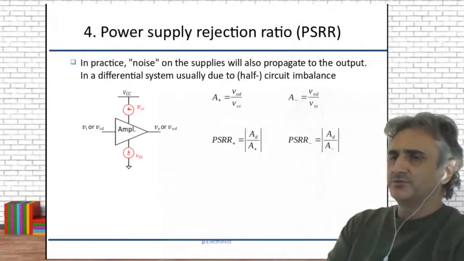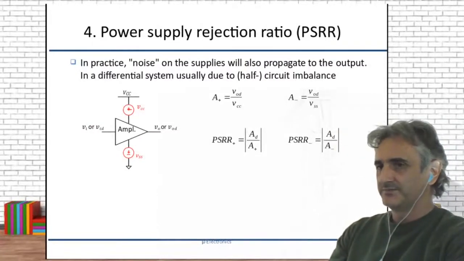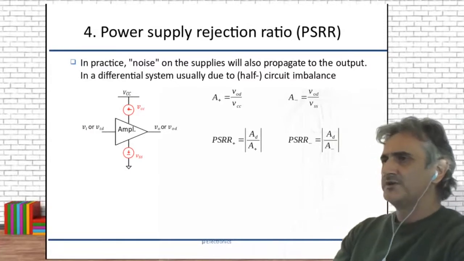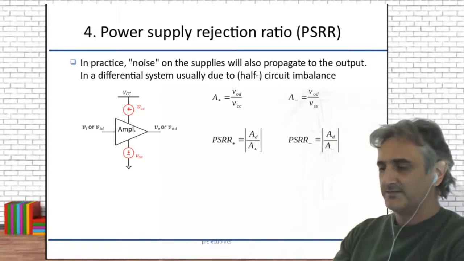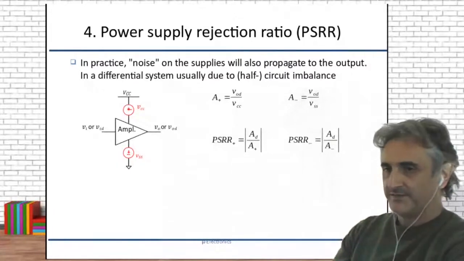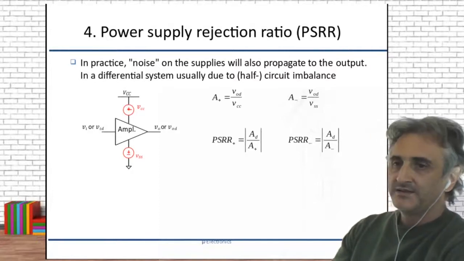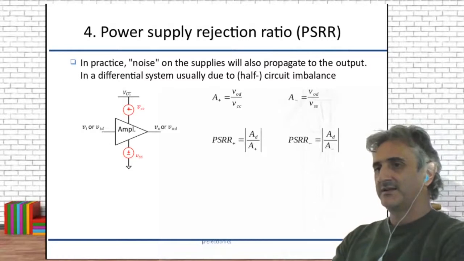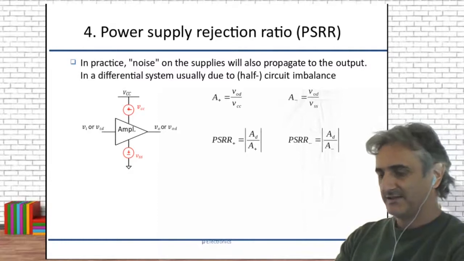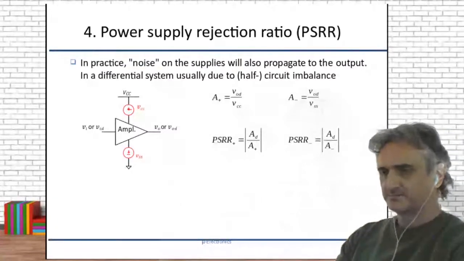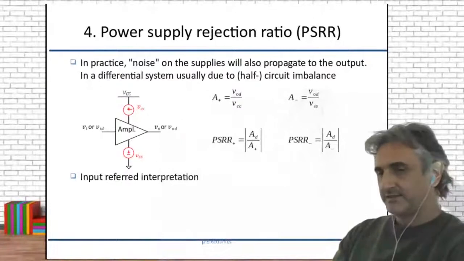Then other things to know are, for instance, the power supply rejection ratio, which is how the noise in the power supply affects the output of our system. And we define these gains as the differential gain over the relation between the output signal and the noise, both at VCC and VSS, at the positive and negative power supplies, and we can get some expressions.